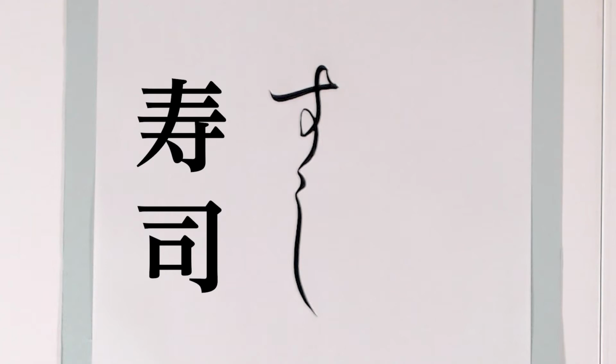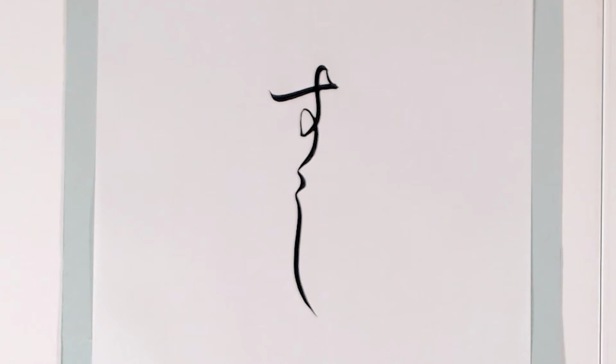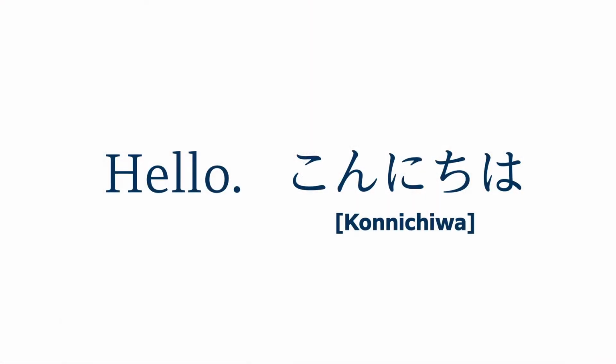Sushi can be written in kanji, but it is also sometimes written in hiragana for friendlier purposes. With that as an example, all hiragana characters have their roots in kanji, and they have different shapes depending on the period and the way they're written. From here, I'll show you a simple demonstration of a Japanese language when it comes to greetings. Please pay attention to the continued renmen lines. This is konnichiwa, which translates to hello.